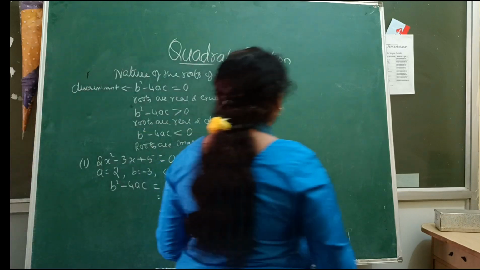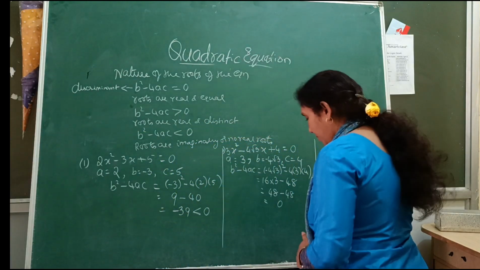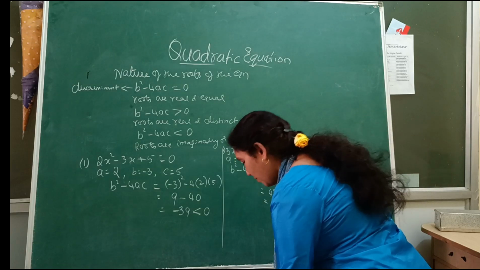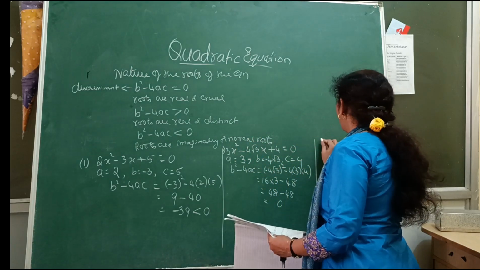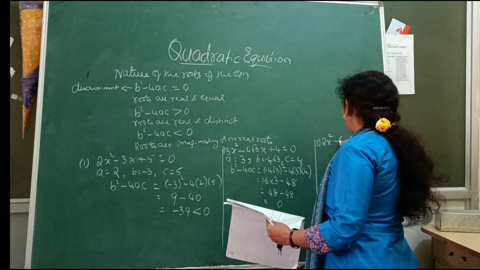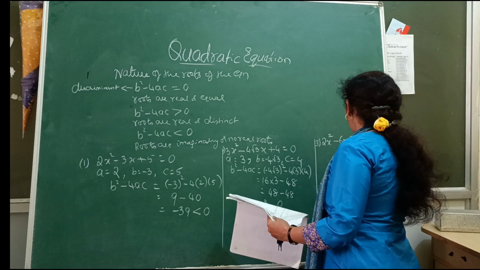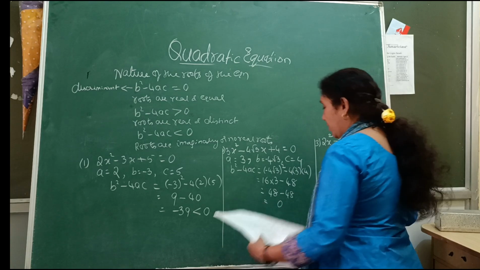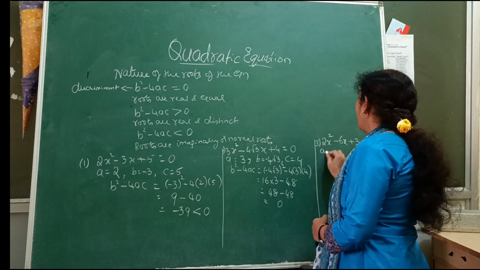Then let me go for the third one. The third sum is 2x square minus 6x plus 3 equal to 0. So what is my A?